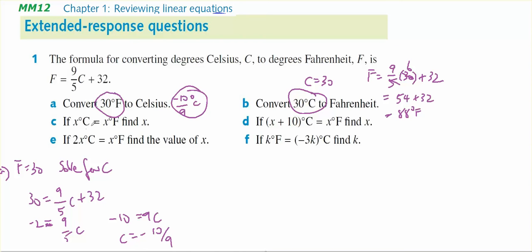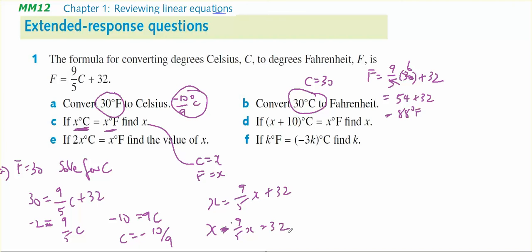In part C, X is the Celsius value and X is also the Fahrenheit value. So C equals X and F equals X. What would be that value? So X equals 9 on 5X plus 32. Solve for X. Get all the X's on one side. So I might go X minus 9 on 5X equals 32.